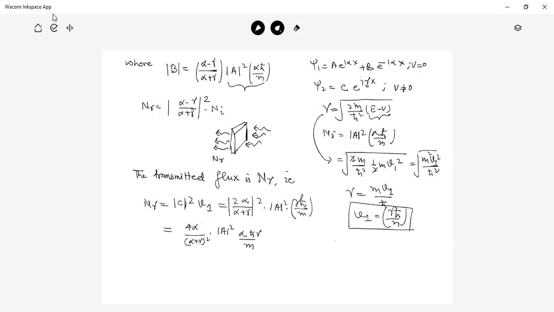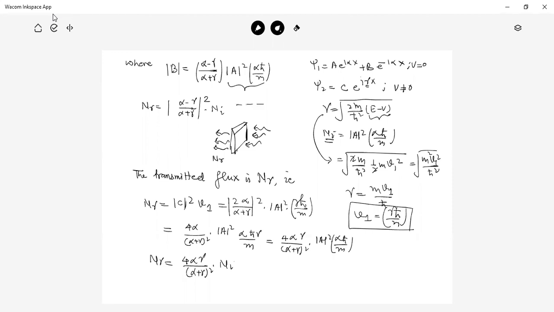So this value is 4 alpha gamma upon alpha plus gamma whole square into mod A square, and this is alpha h cross upon m, and this is nothing but Ni. So this is 4 alpha gamma upon alpha plus gamma whole square into Ni. This is Nr.